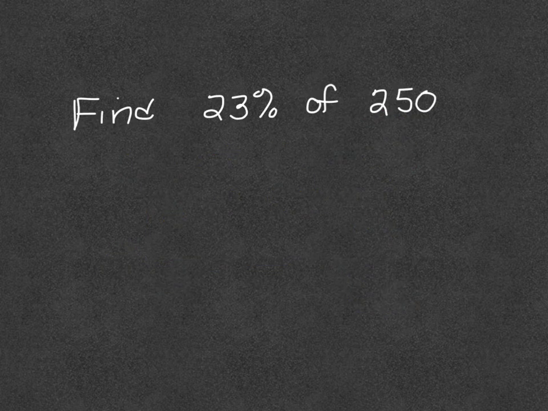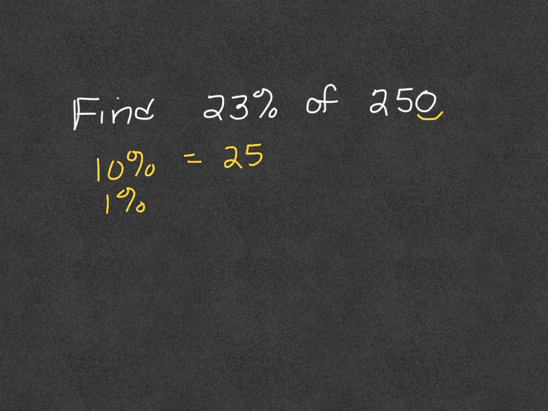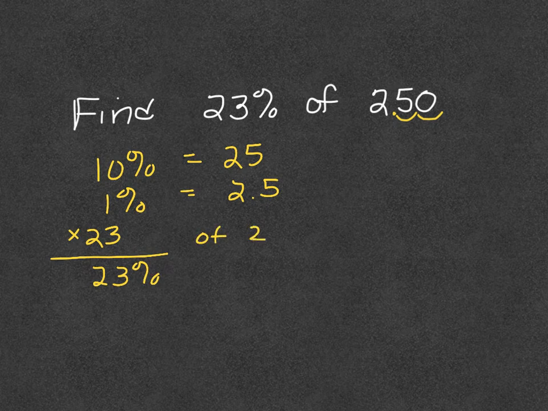Find 23% of 250. Let's see, 23%. 10% would be, moving that decimal once, would be 25. 1% would be 2.5, moving the decimal one more place. So how do I go from 1% to 23%? I multiply by 23. 23% of 250.